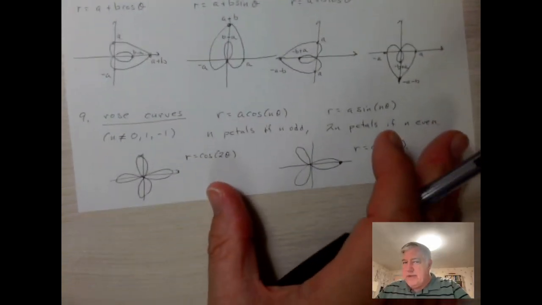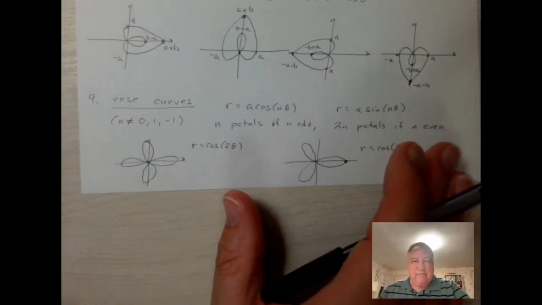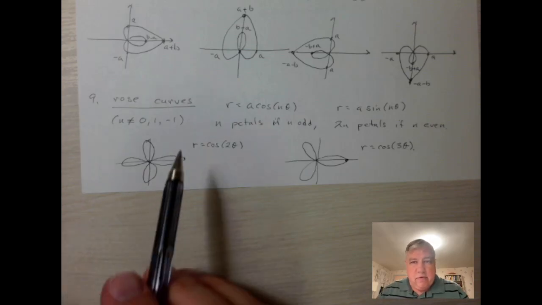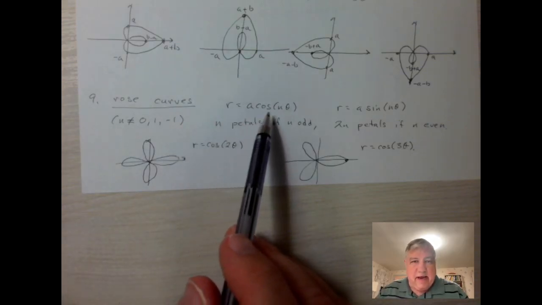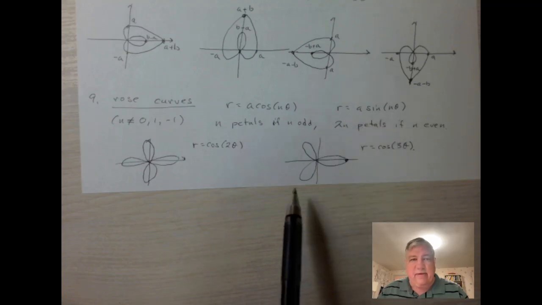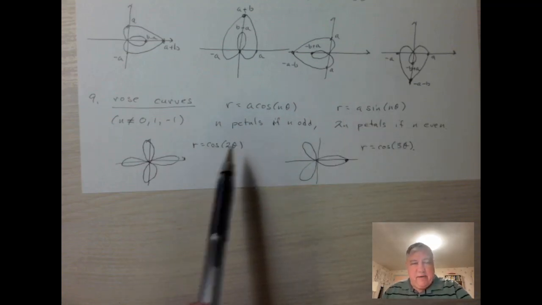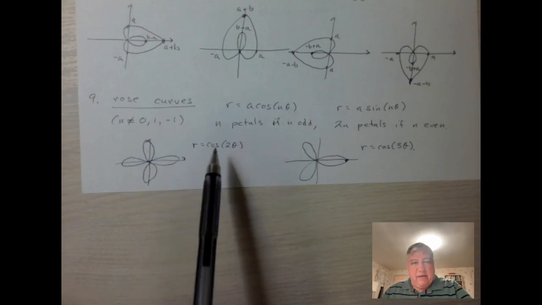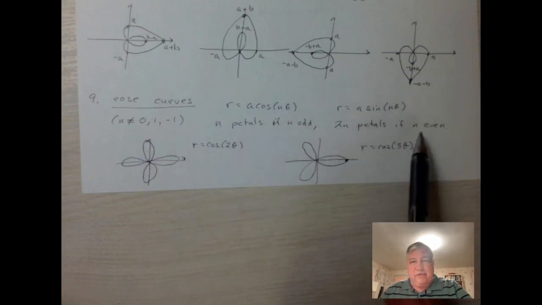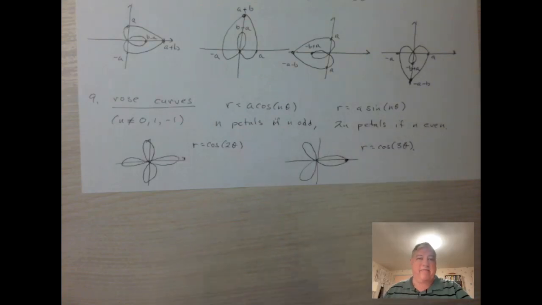And then we have these nice rose curves. The one thing I'll just say about that is you have r equals a cosine of n theta, or r equals a sine of n theta. The number of petals is determined by n: if n is odd, it's n petals, but if n is even, it's 2n for some reason.